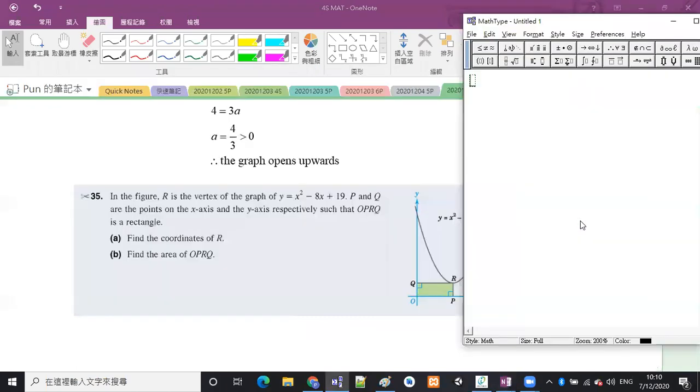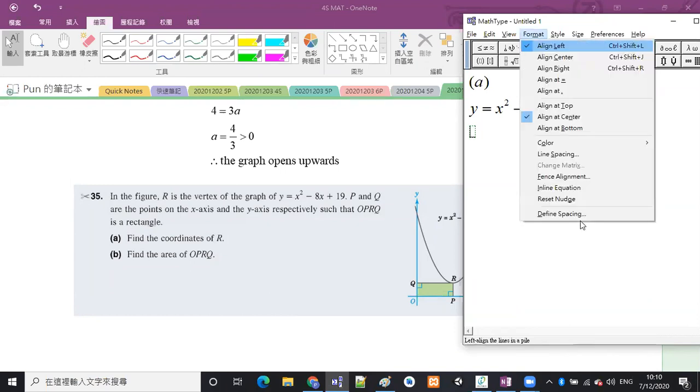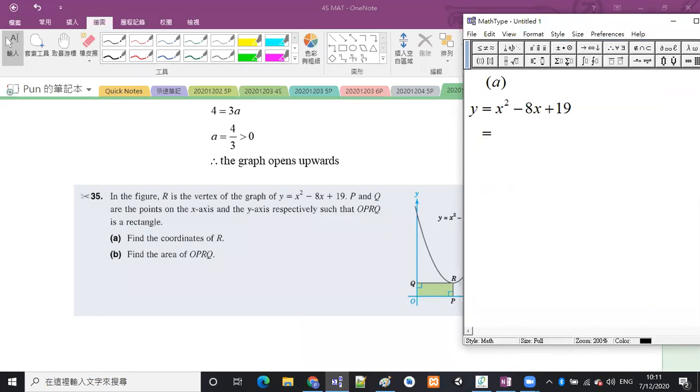So in part A, y equals x squared minus 8x plus 19. To change to AHK form, we need to do the method of completing the square. So the a is 1. I just write the 1.